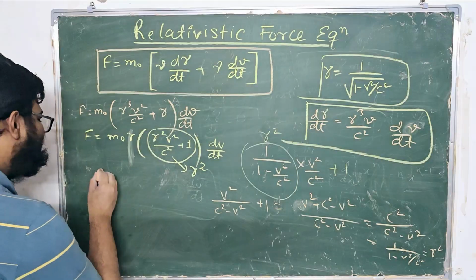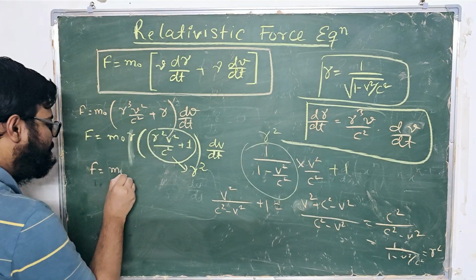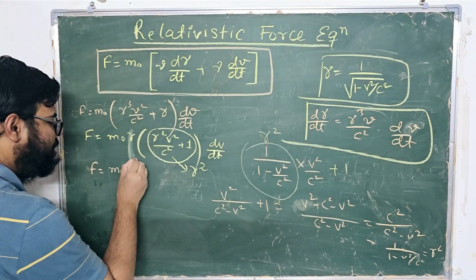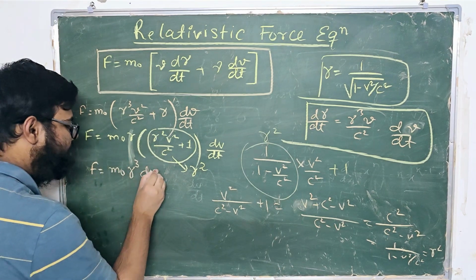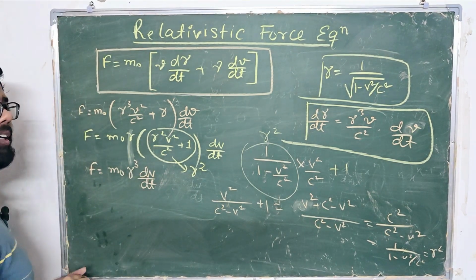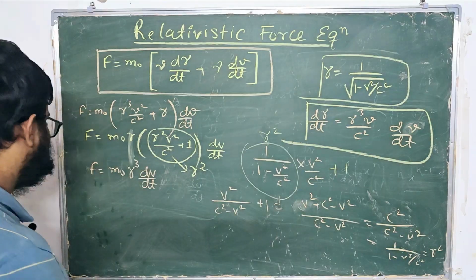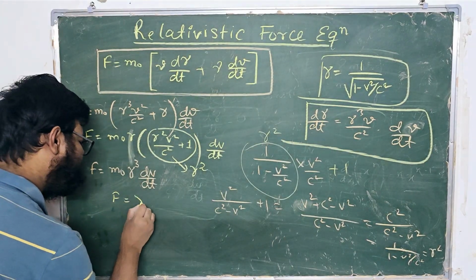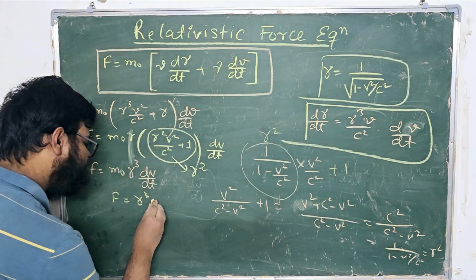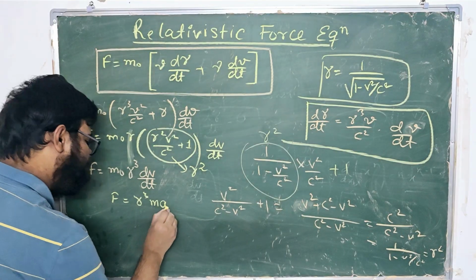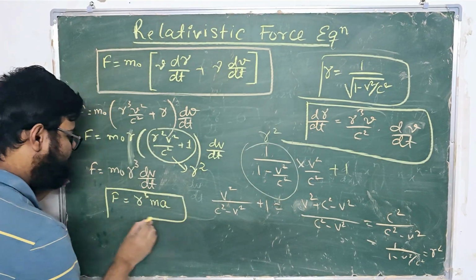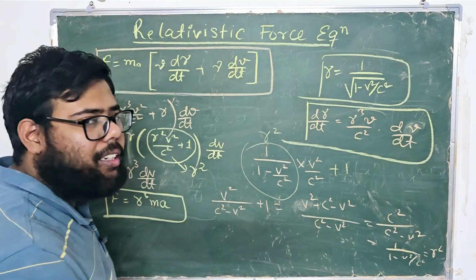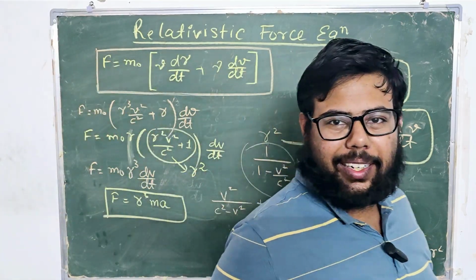So from here you get F is m naught gamma cube dv by dt for a linear motion mostly. So F is gamma cube m a. This is the relativistic force formula over here, correct?